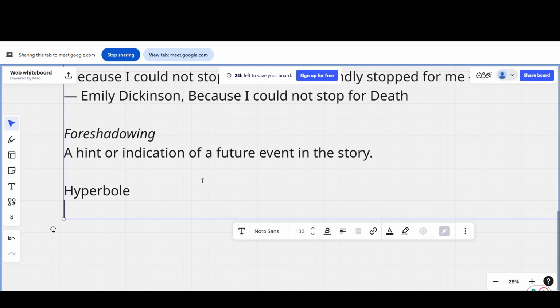Exaggeration means, for example, if a bomb exploded nearby, or a tire exploded and there was a loud boom, and you got so shocked that you jumped out of your seat and said, oh, I almost died, right? That is an exaggeration, because you never died. But you were so scared that you said, I'm so scared I almost died.